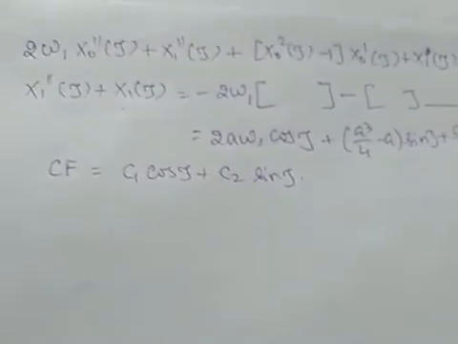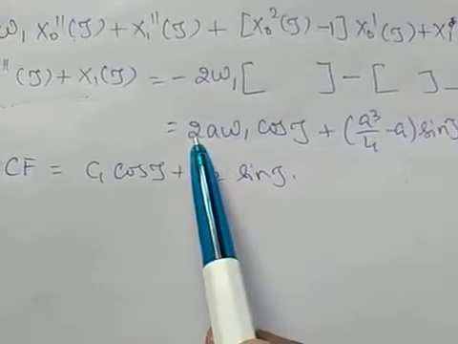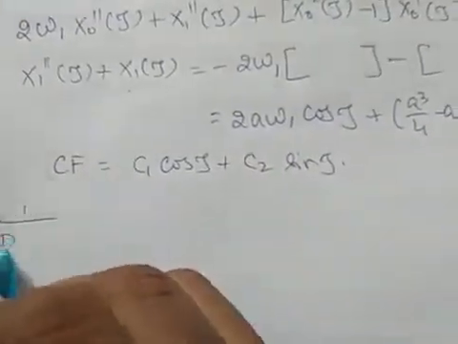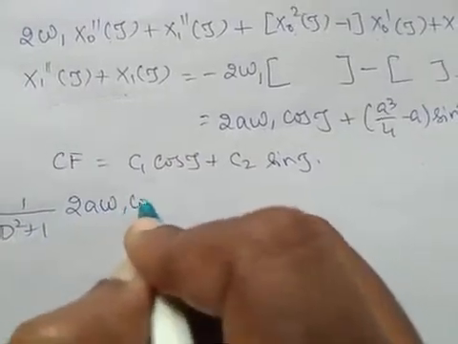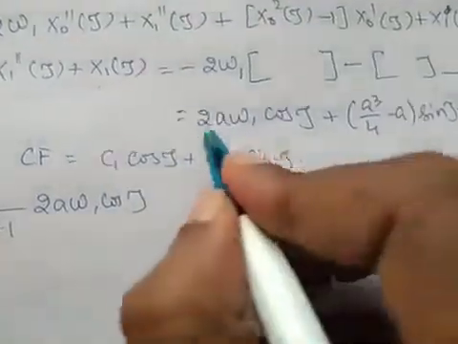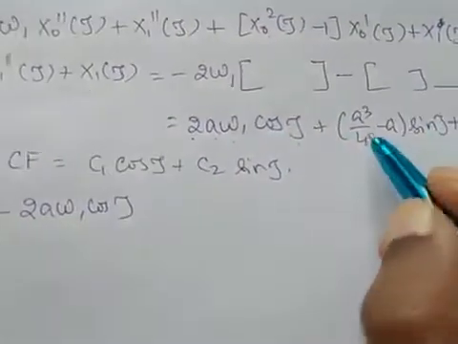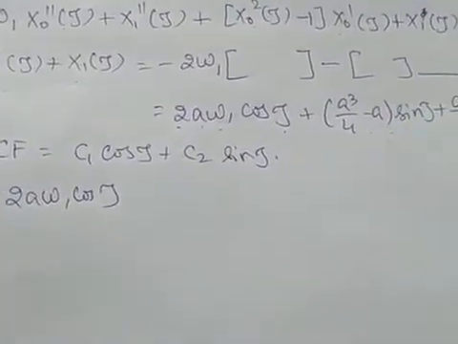To find particular integral we are having 1 by D square plus 1 into 2a omega 1 cos tau and a cube by 4 minus a sin tau.